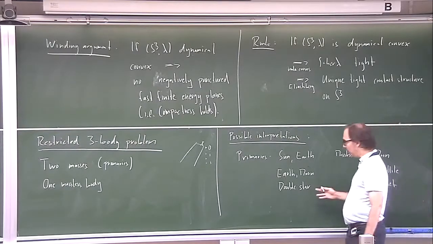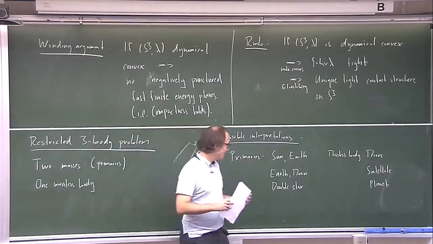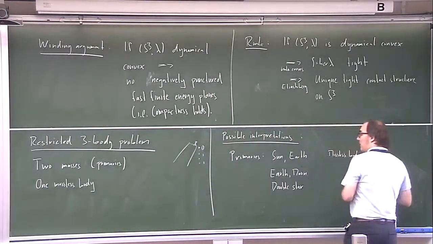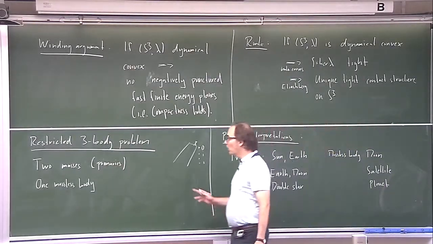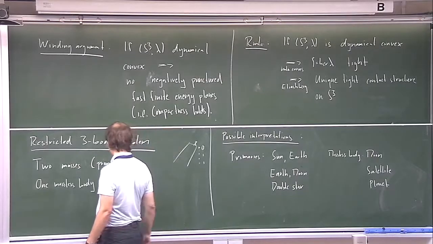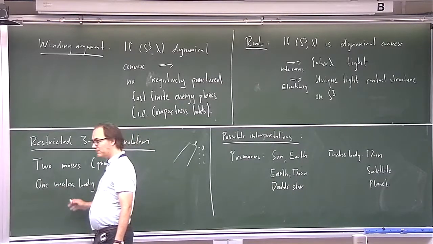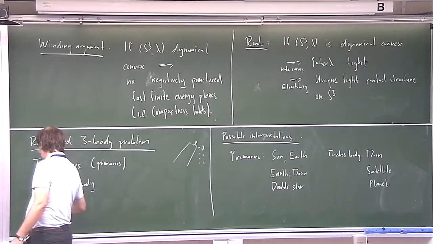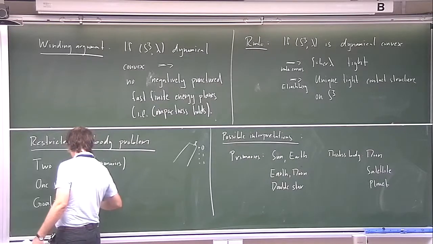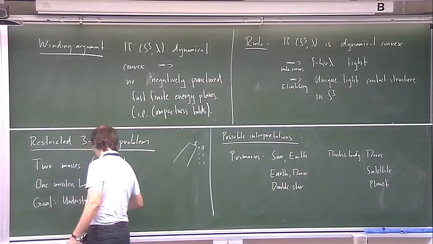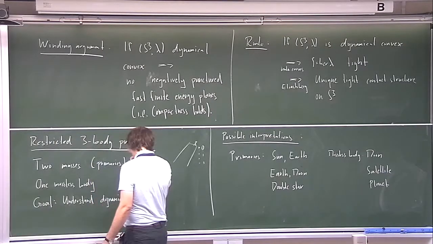More recently we know that these kinds of things exist, planets in double star systems. And so the goal of this restricted three-body problem is to understand the dynamics of the massless body.